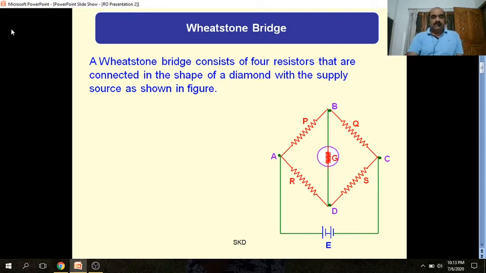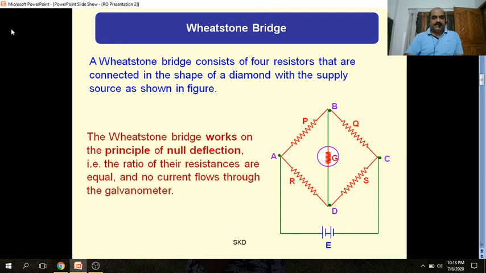The working of this Wheatstone bridge is based on the null deflection. Null deflection, that is, the ratio of their resistances are equal and no current flows through the galvanometer. Let's see some more things about the Wheatstone bridge.